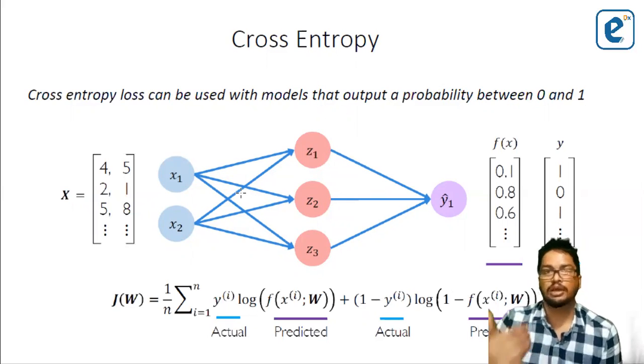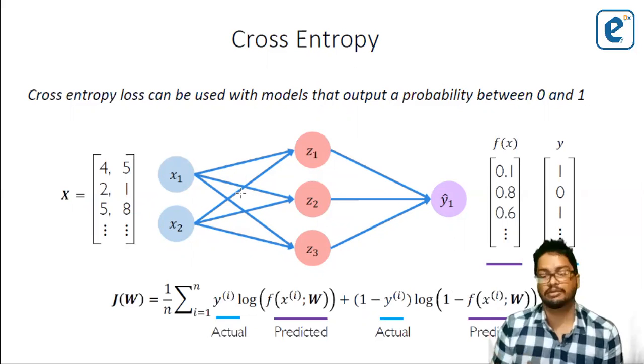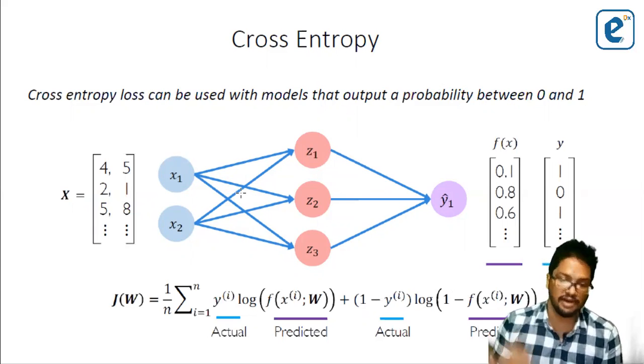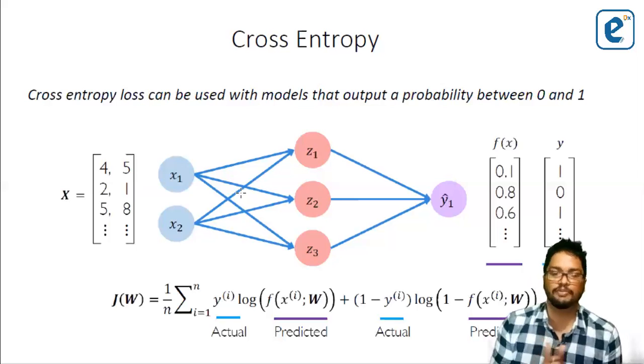But other than that, we have some adapted and modified loss functions as well, like mean absolute error and R2 score. And for cross entropy loss, we have categorical cross entropy and binary cross entropy. We have several cross entropy functions, but these are the two fundamental types of loss functions.